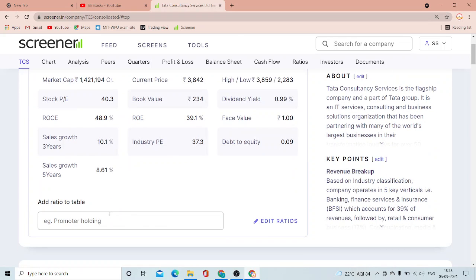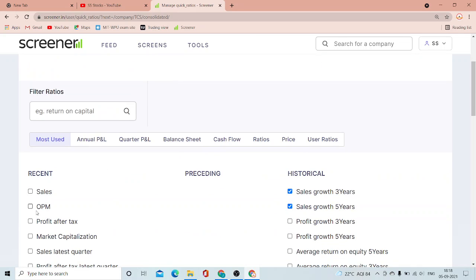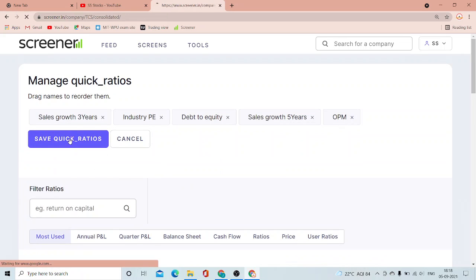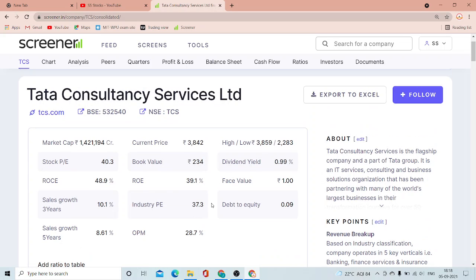We can add any ratios based on our requirement. Like if I go to edit, I can add the operating profit margin of the company. Here I will be able to know the OPM, operating profit margin of the company. In this way you will be able to add any ratio to this first basic content.